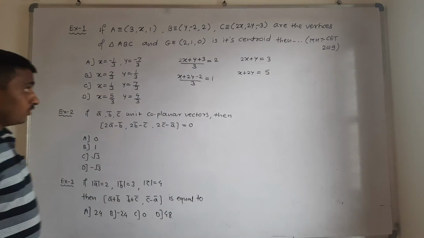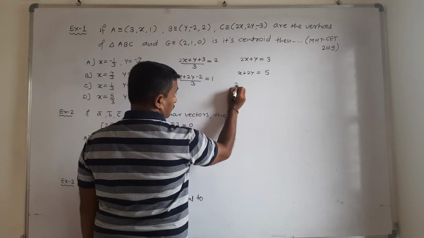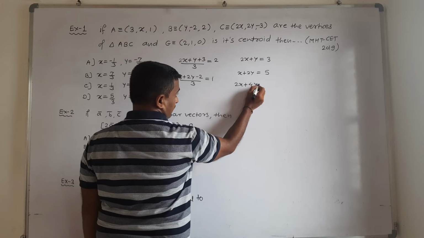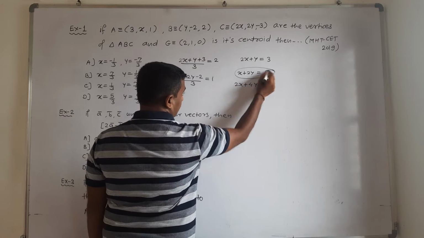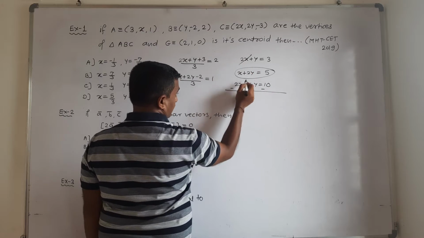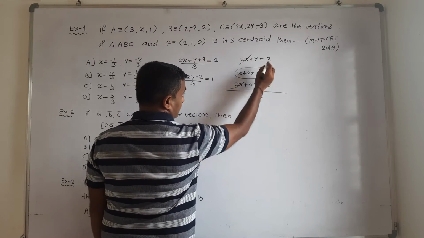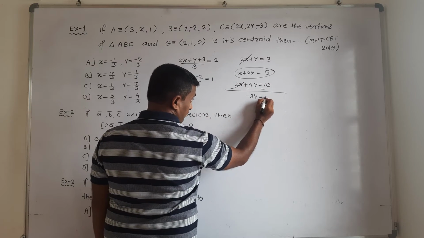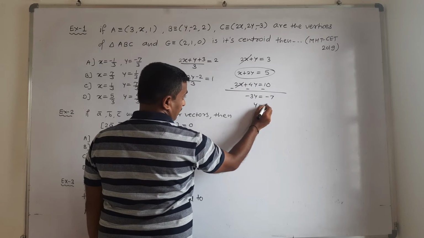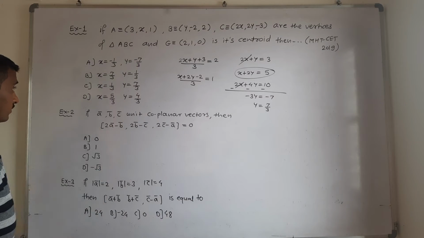Now making the coefficients equal, multiply this equation by 2: 2x plus 4y is equal to 10. Subtracting, the 2x cancels. This is minus 3y equal to 3 minus 10, it is minus 7. Then y is equal to 7 by 3.